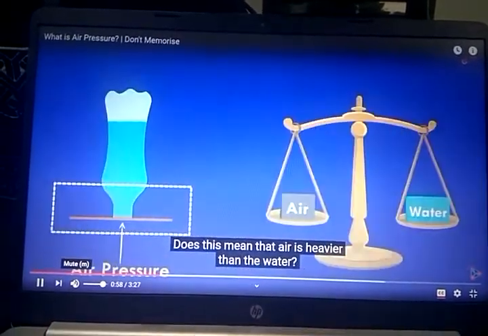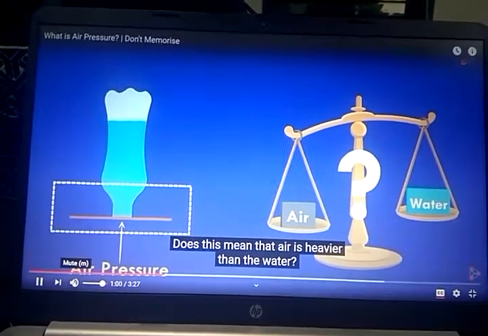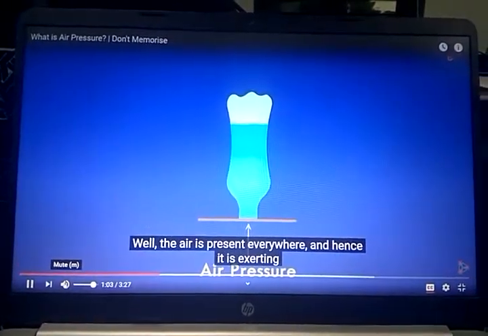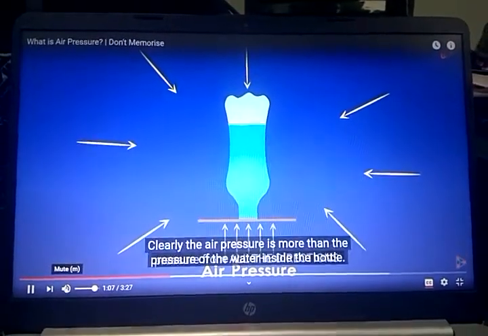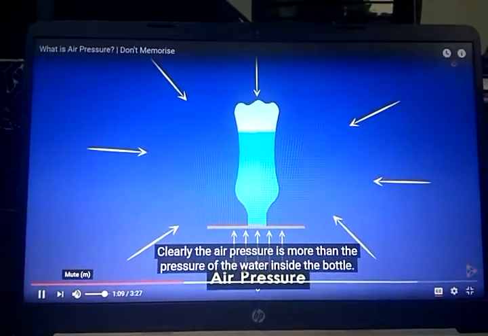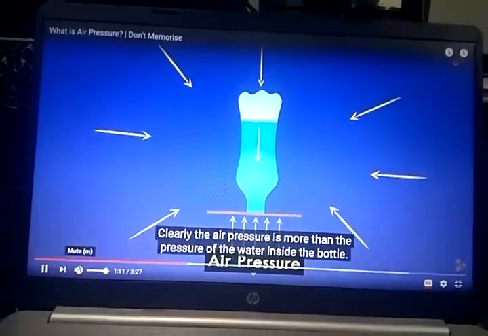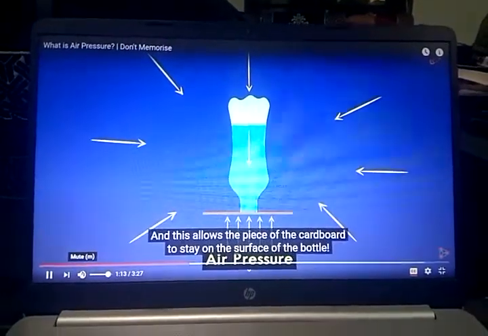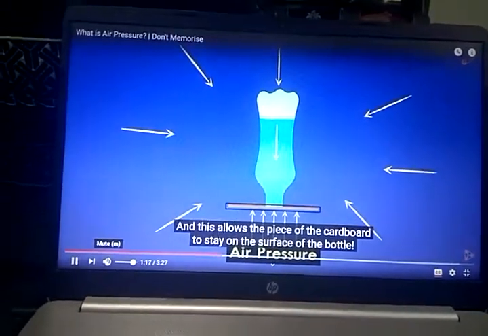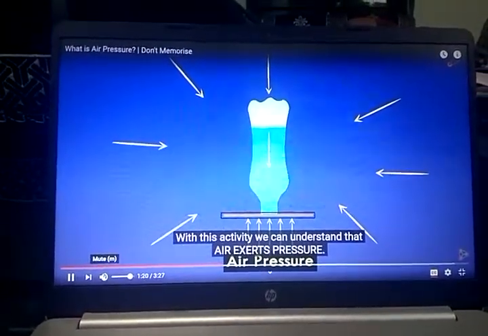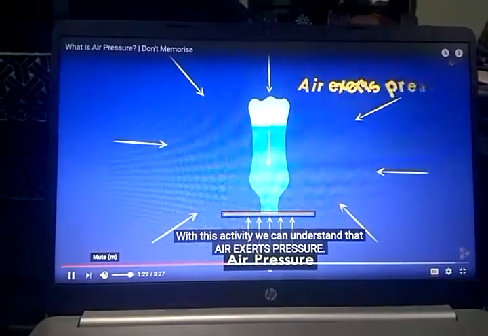Does this mean that air is heavier than the water? Well, the air is present everywhere and hence it's exerting pressure from all the directions. Clearly, the air pressure is more than the pressure of the water inside the bottle. And this allows the piece of cardboard to stay on the surface of the bottle. With this activity, we can understand that air exerts pressure.